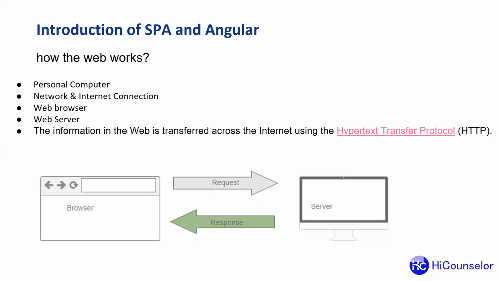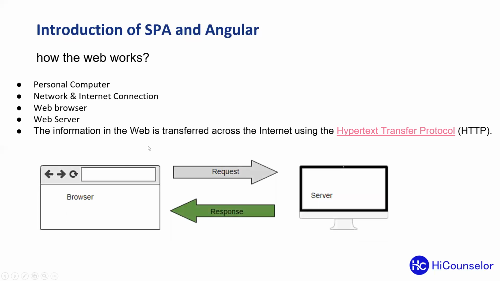So let's understand how it works. Let's consider you have one browser and you have one server. When you open your browser, you enter a URL. URL is nothing but uniform resource locator.